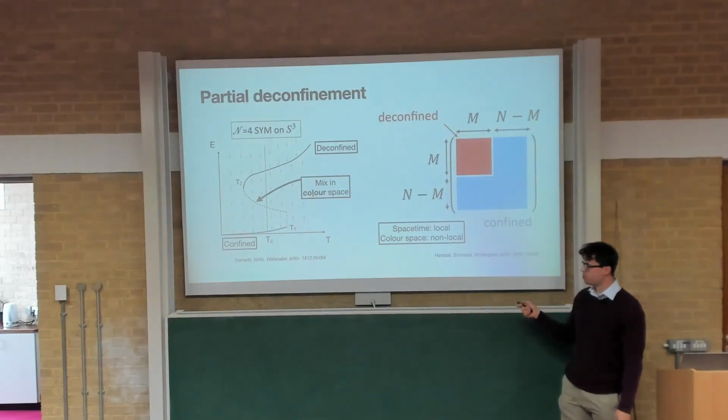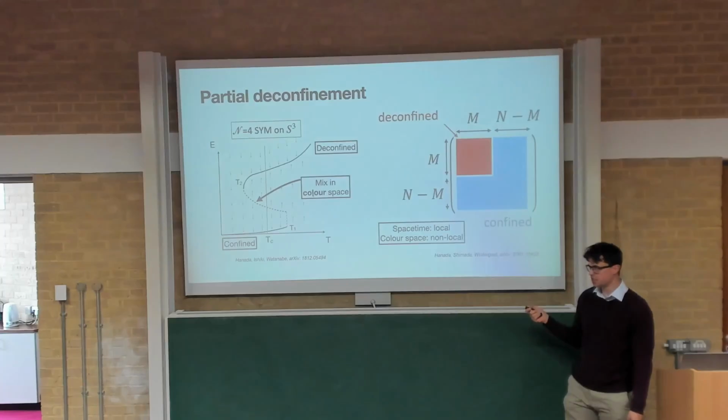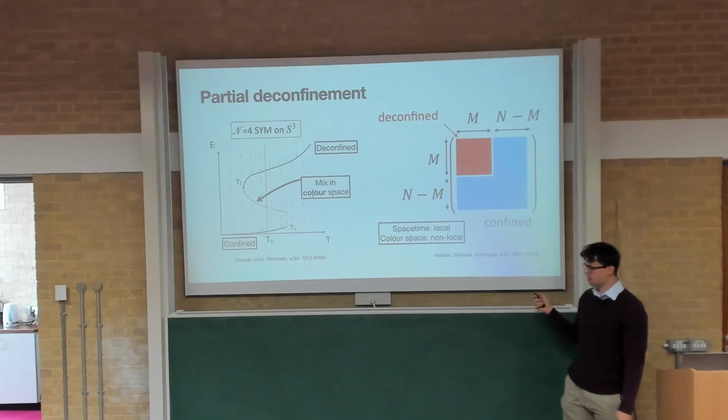There are some important differences with the analogy to having a mixed space in the space of space-time. In space-time, you can only have local interactions between the two kinds of phase on the interface. But when you have a mix in color space, you have non-local interactions. Another big difference is the gauge singlet constraint: physical states have to be gauge singlets.